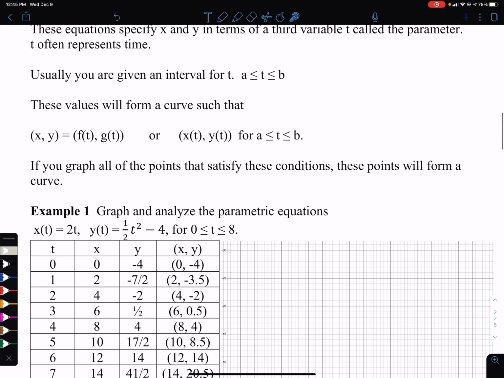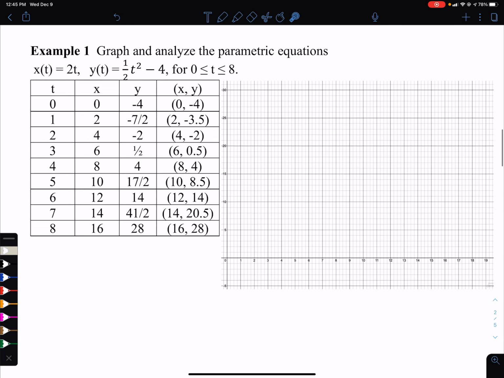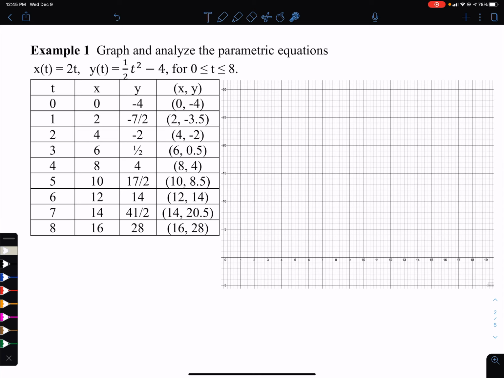And so I already made a chart for you to save you time, as long as you understand where it comes from. So I have a formula for x, a formula for y, and I plug in all these values to get my x values.